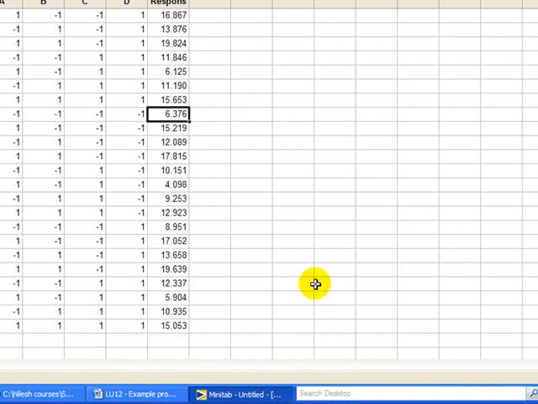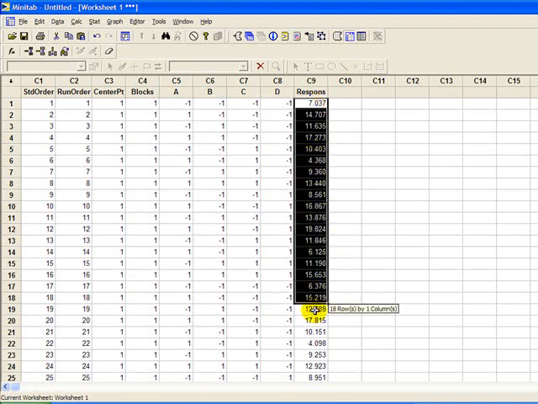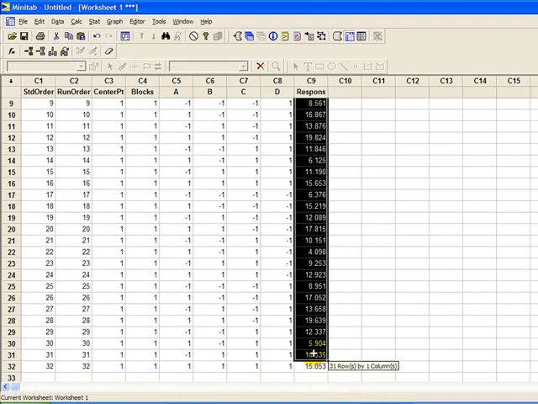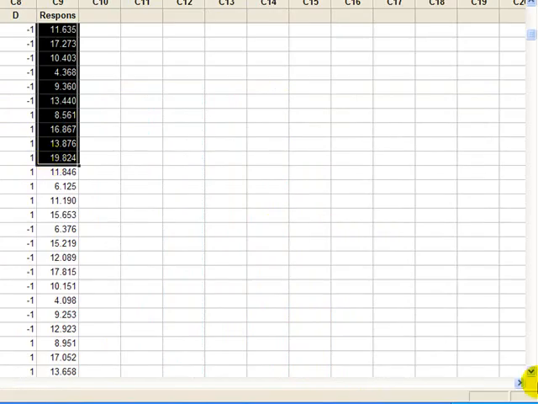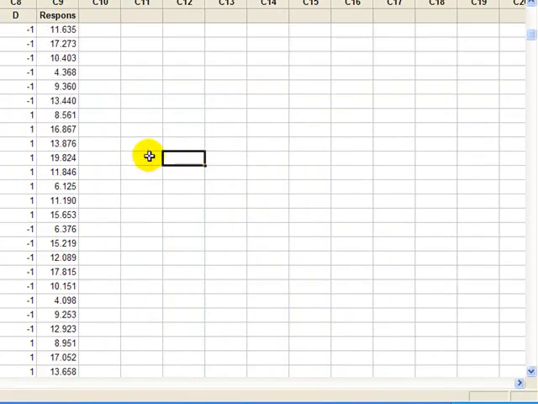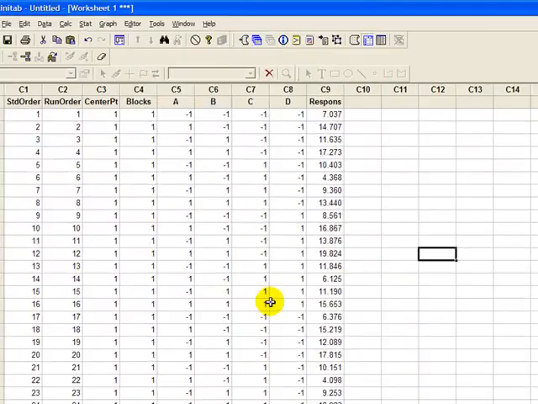So now we have all that is needed. We have all the factor level combinations, and we correctly entered the respective values for the response variable here, right? Now the next thing is to analyze this experiment. All the experimental readings are recorded in Minitab.